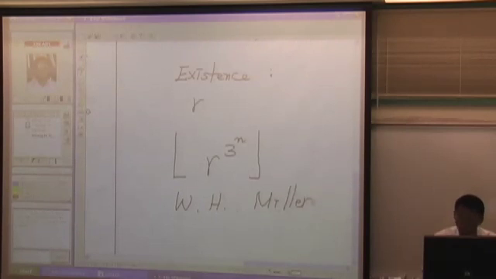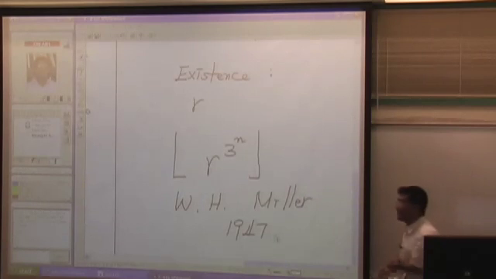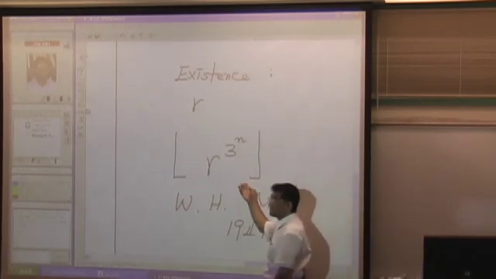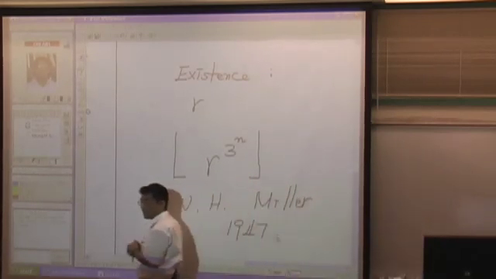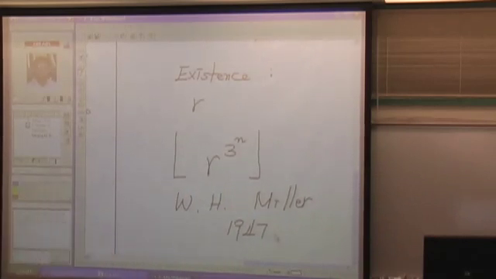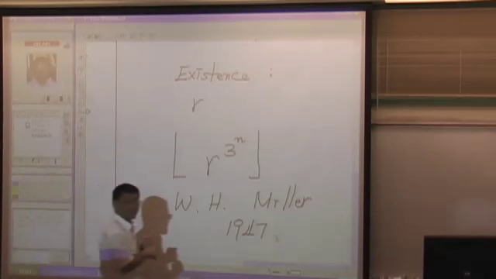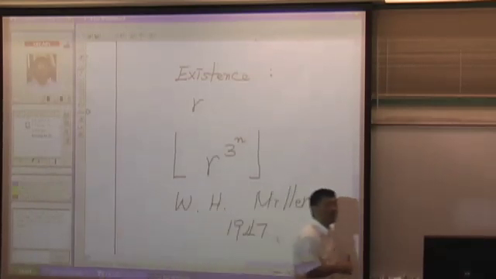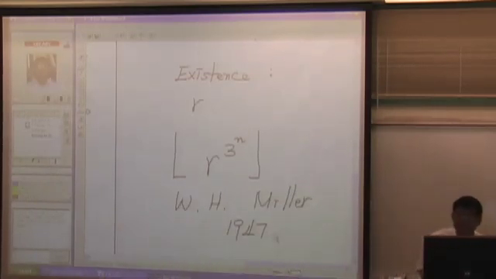So he proved that there exists a number R satisfying this. In other words, R to the power of 3n with the truncation, right? With the truncation creates primes. So he proved the existence.